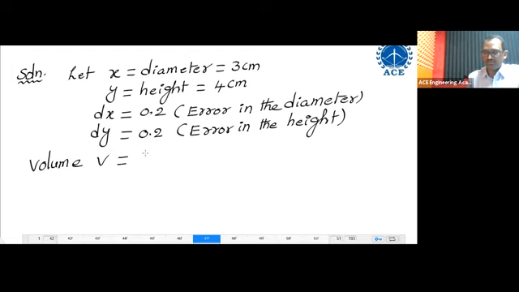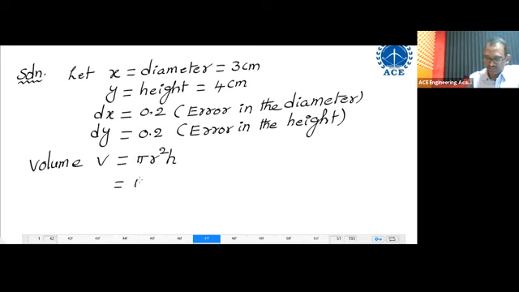V is equal to the volume of the cylinder, pi r square h.